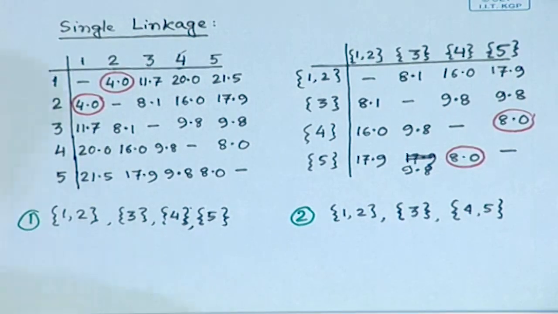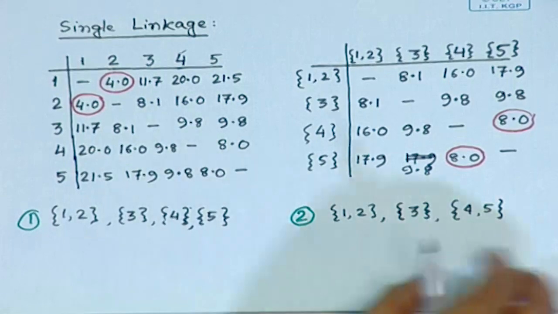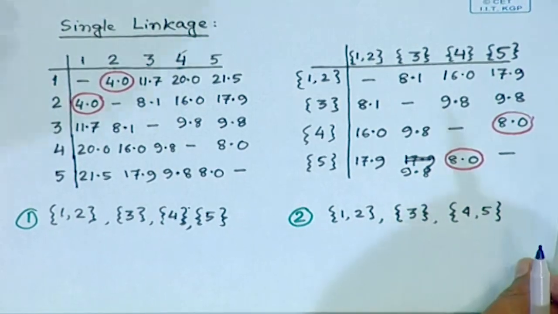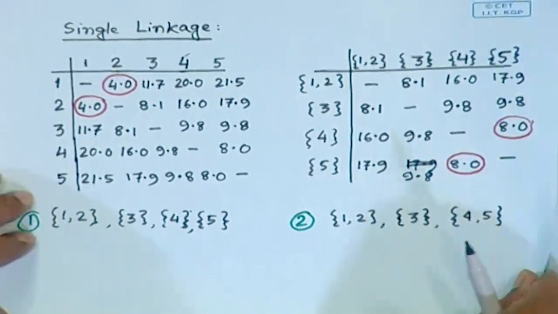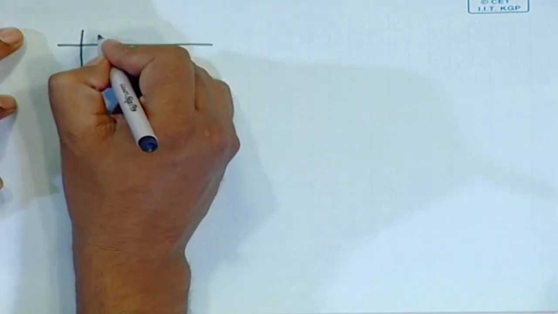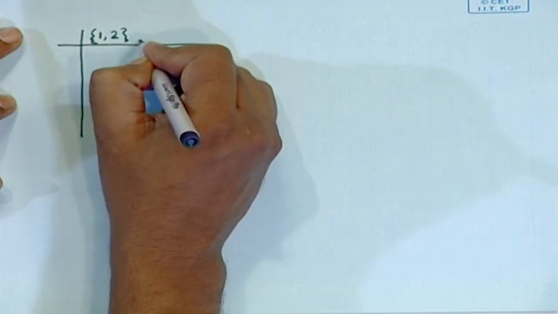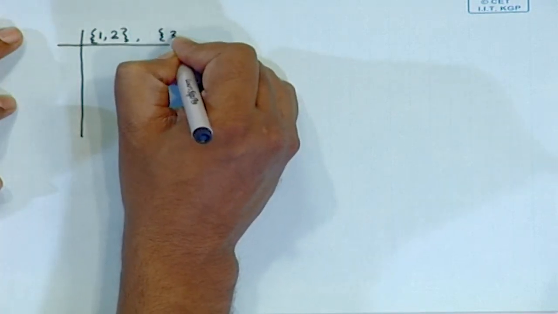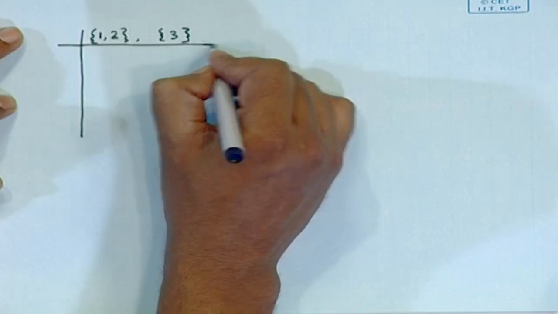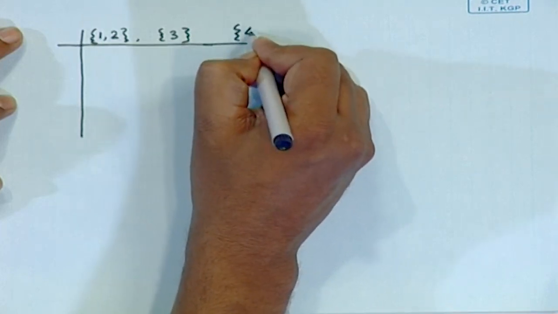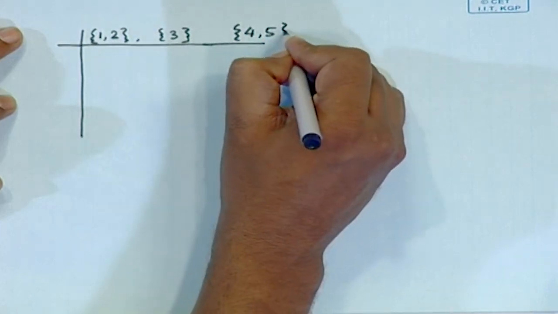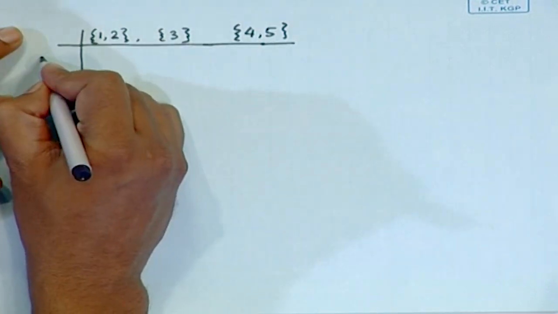Then again I have to perform the same operation. So, now the clusters that I have in step 3 are: 1, 2 forms one cluster, 3 is the other cluster and 4, 5 that makes the other cluster.